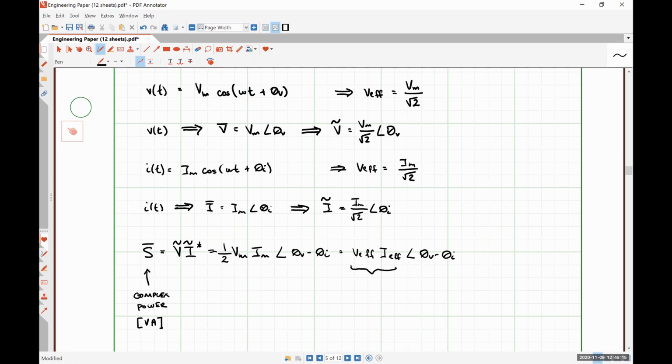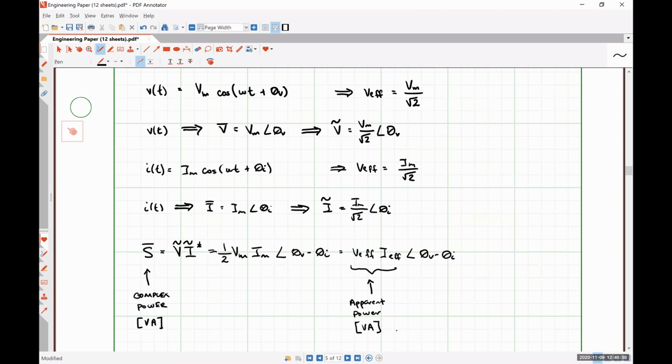This quantity, V effective multiplied by I effective, is what's known as the apparent power. It's also measured in volt amperes because it's simply the magnitude of the complex power.